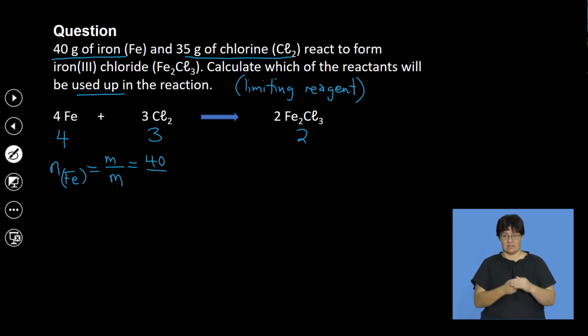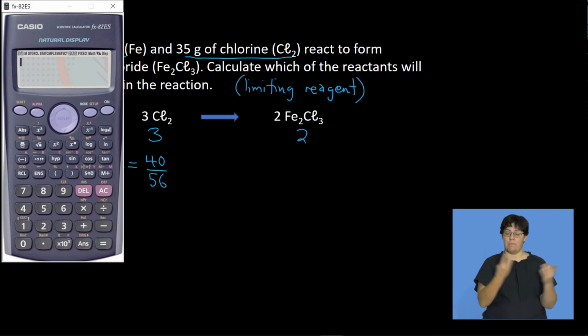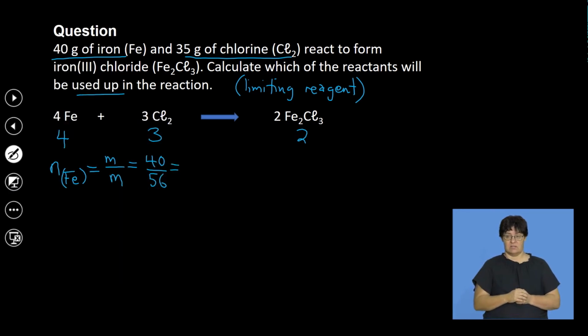Divided by the molar mass, which is 56, right? So let's calculate the moles of iron in this case. So the moles is going to be 40 grams divided by 56 grams per mole. That gives us, as a decimal fraction, 0.71 moles, okay? So this is equal to 0.71 mole, okay?